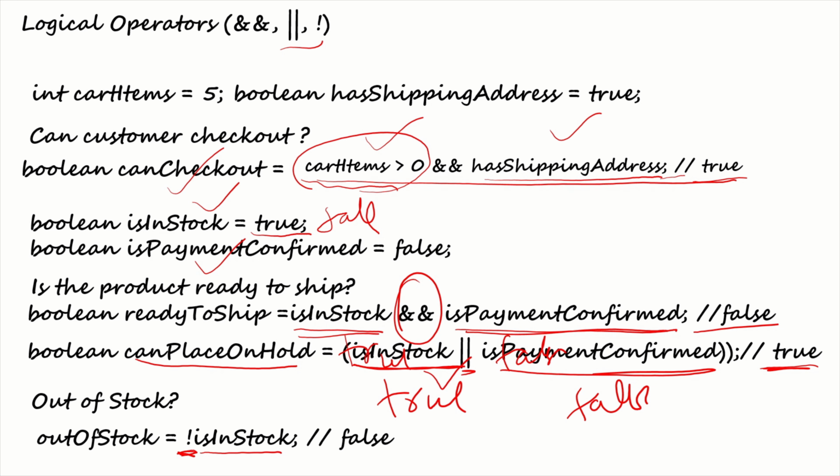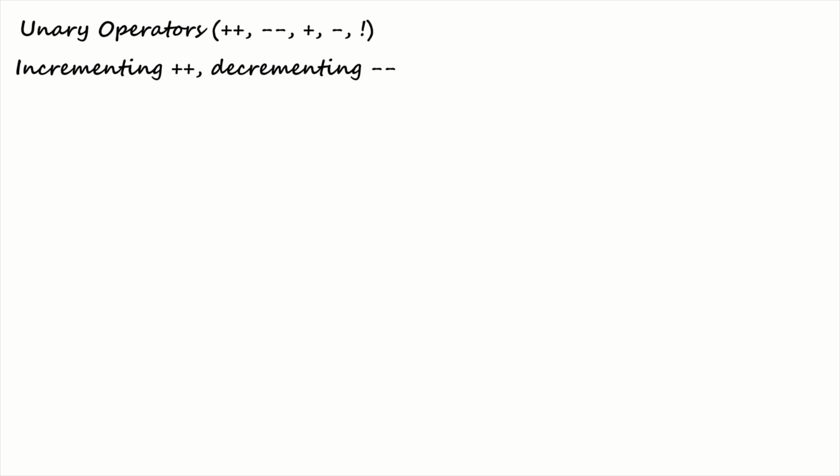Then the next one we have is unary operators. These operators we can apply with a single operand, that means a single variable. The first two, plus plus and minus minus, are incrementing and decrementing. Again we have two types: pre-increment and post-increment.